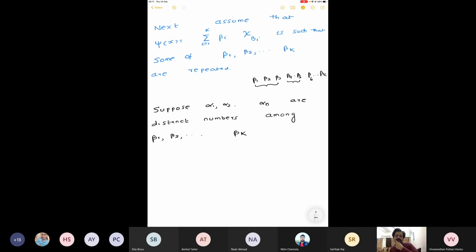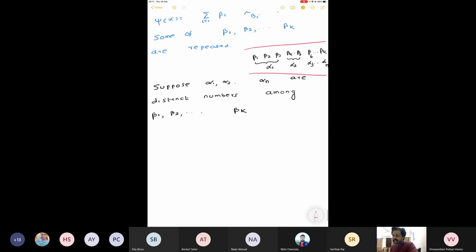So in this example case, beta 1, beta 2, beta 3 may be alpha 1. Beta 4 and beta 5 is alpha 2. And beta 6 is alpha 3 and so on. This is alpha 1, this is alpha 2, this is alpha 3 and so on, and like that alpha n. Okay, this example you can keep in mind while I complete the rest of the details. So n would obviously be less than k.